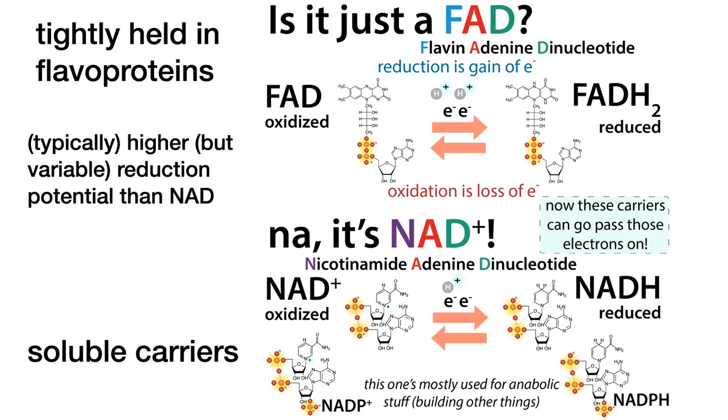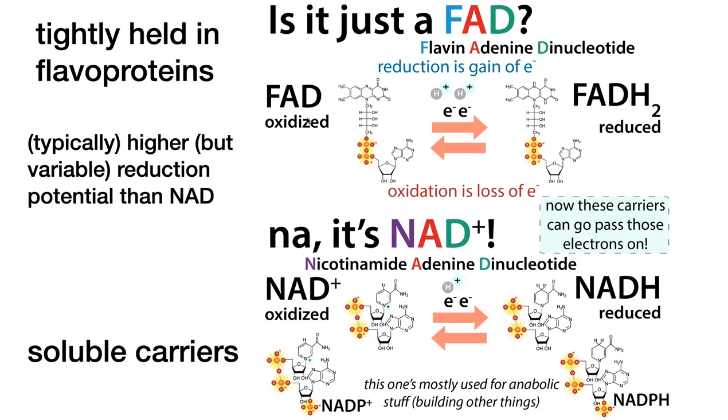And so we can use it to drive oxidation reactions that require more energy, things like making a double bond from 2 carbon single bonds. Whereas for the energy needed to go from an alcohol to an aldehyde, we could use NAD. But for the harder reactions, we needed to use FAD.